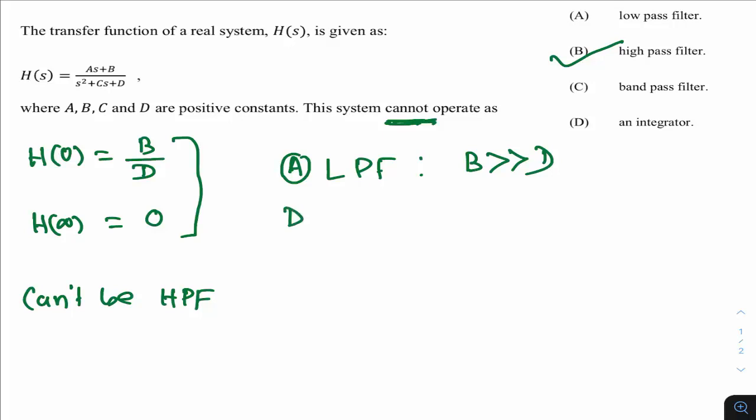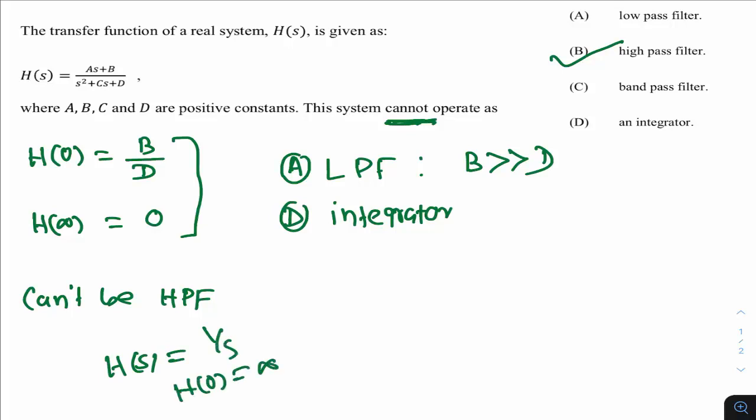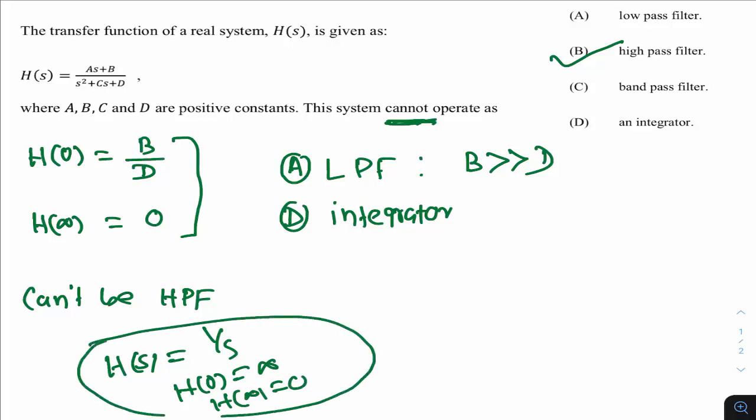Same is the story with the integrator as well. If you remember, the integrator transfer function is H of s equals 1 by s. So here H of 0 is infinite and H of infinity is 0. That's what we expect in case of an integrator. So again, if you take the b value significantly greater than d, it will work like an integrator.